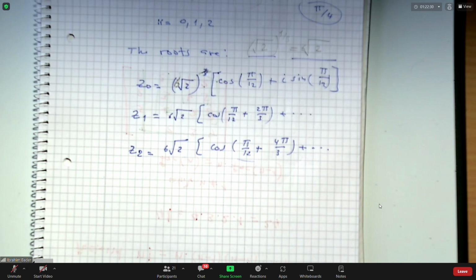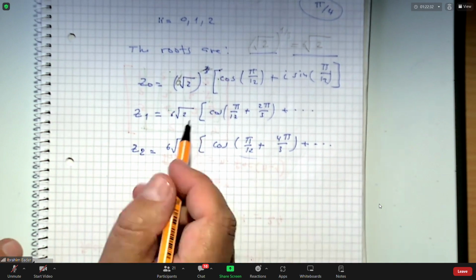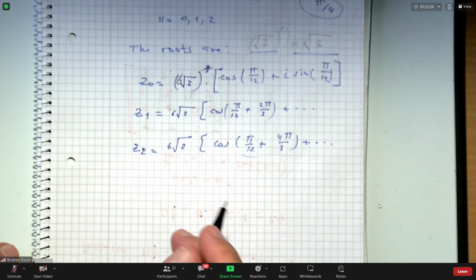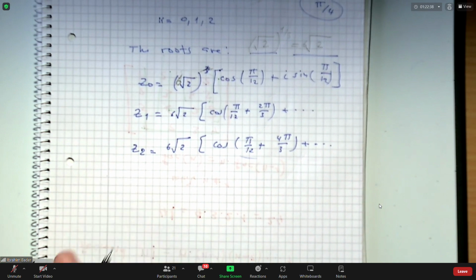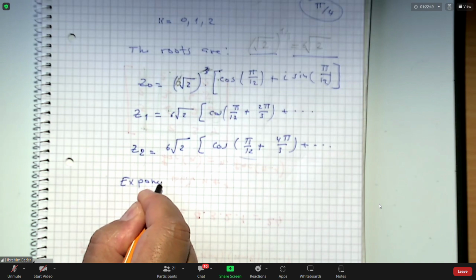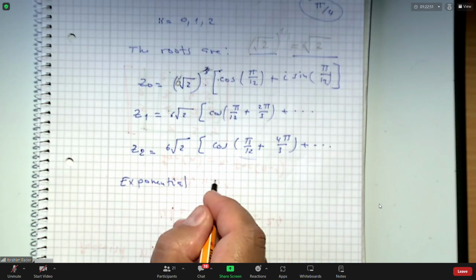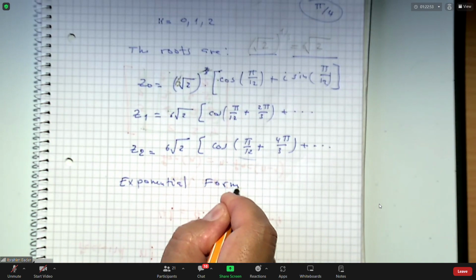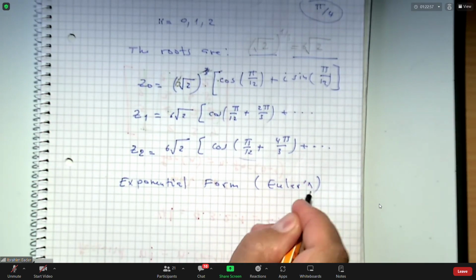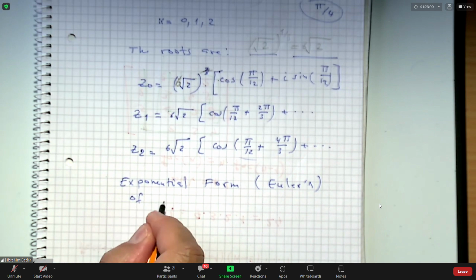So next worksheet, we will solve a little bit more extensive example. But before I end, I just want to show you the exponential form, which is also called Euler's form of a complex number.